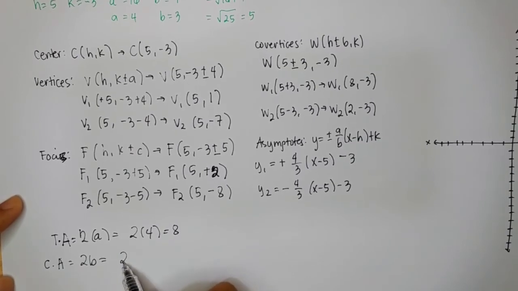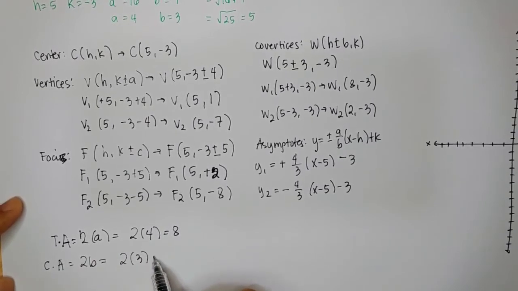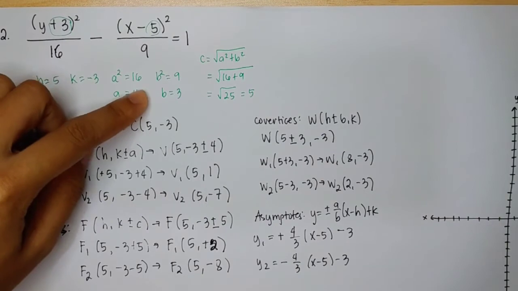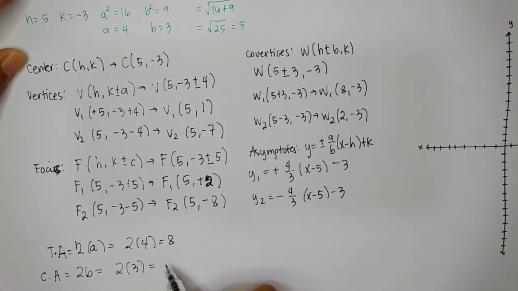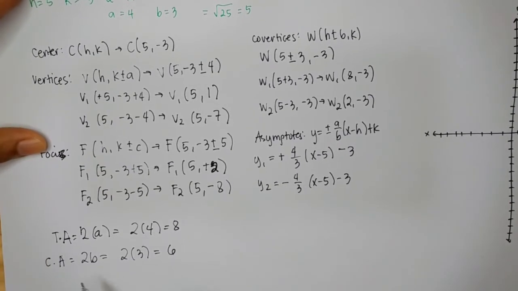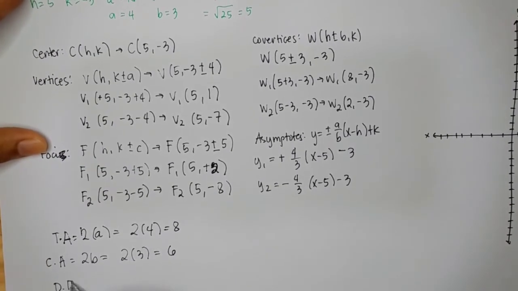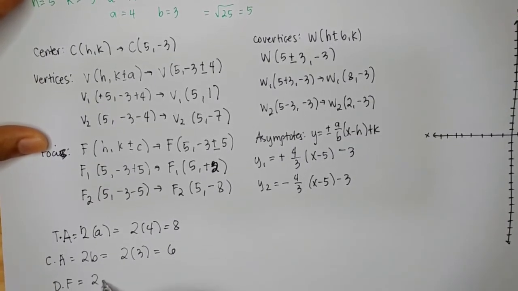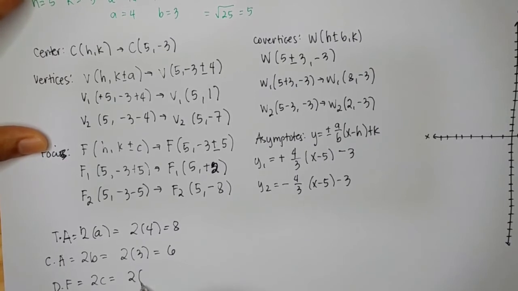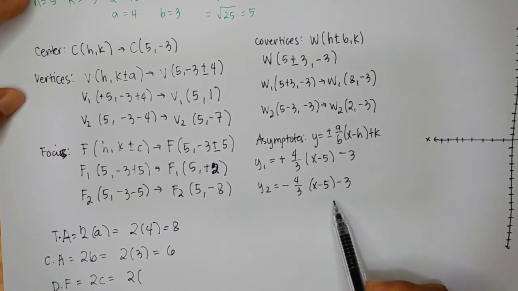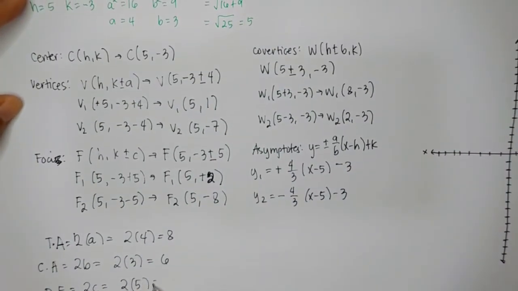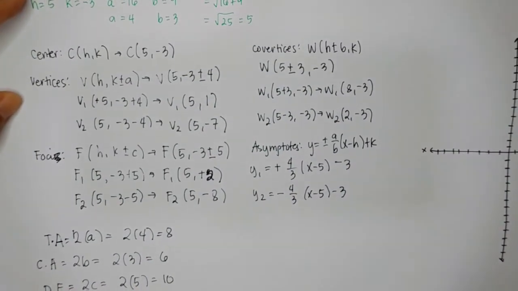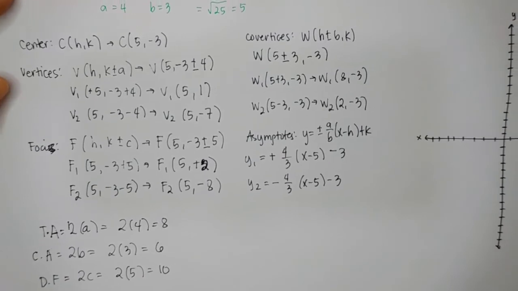So, 3 yung b natin. We have 2 times 3, that is equal to 6. And yung distances ng foci, that will be 2c. So, that is 2 times yung c natin. We have here our 5. 2 times 5, that will be equal to 10. Okay, so yan yung mga distances natin.